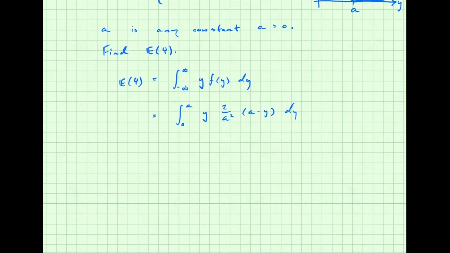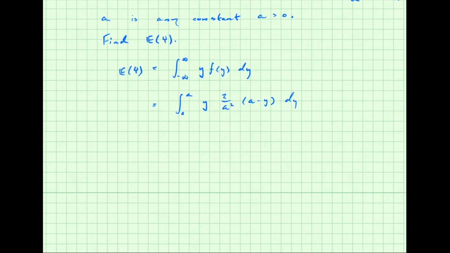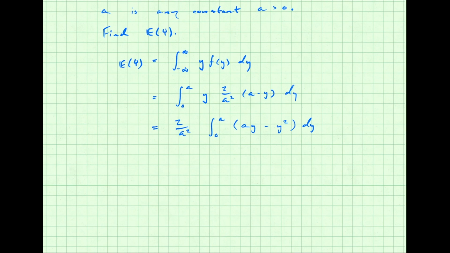It's a relatively easy one, but let's go about it slowly. We'll bring out the 2 over a squared, and we have the integral from 0 to a of a times y minus y squared dy. Both of these integrals should be somewhat familiar to you, so we'll do those in our heads a little bit. The integral of ay is 1/2 ay squared, and we'll put the limits here. You can check that by differentiating it.